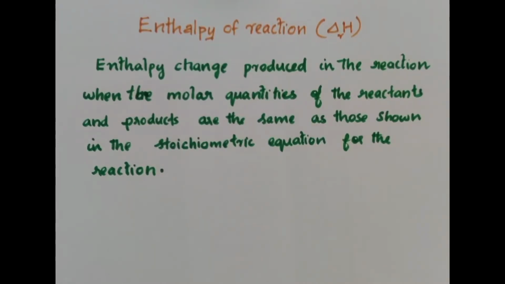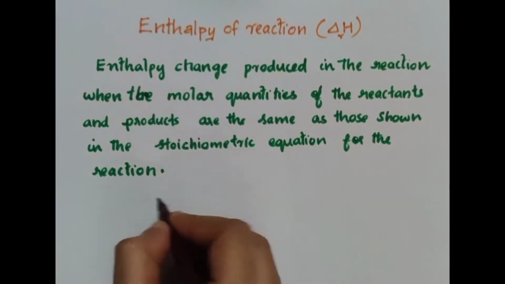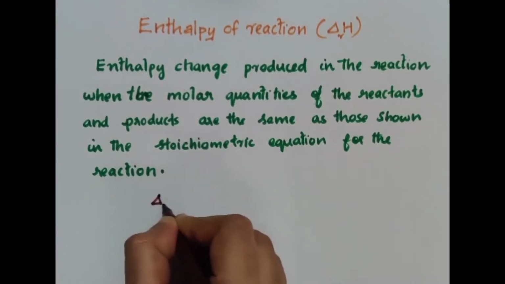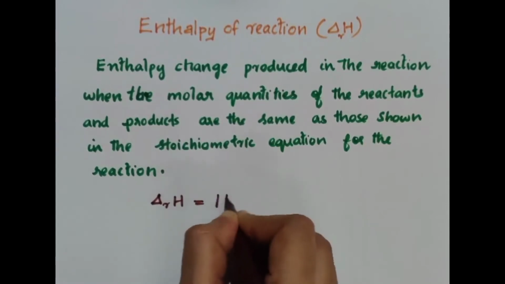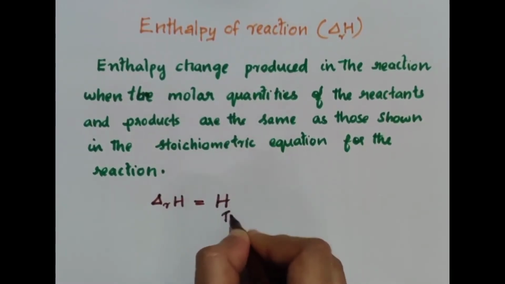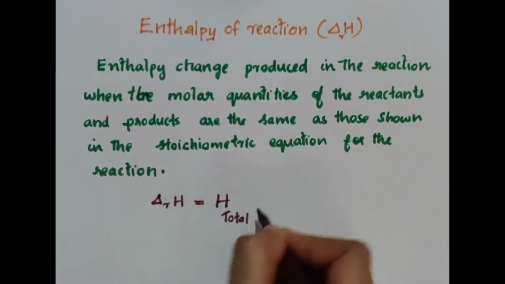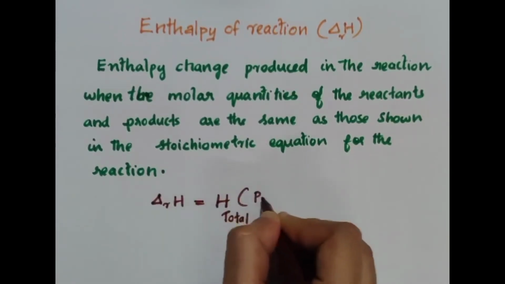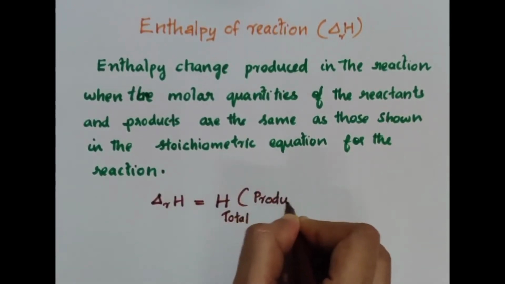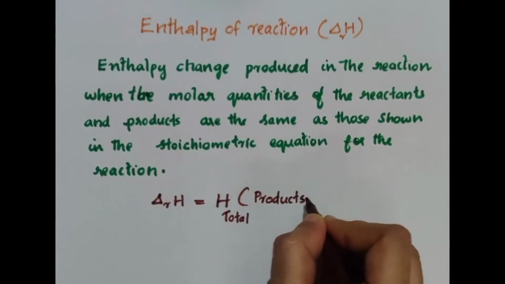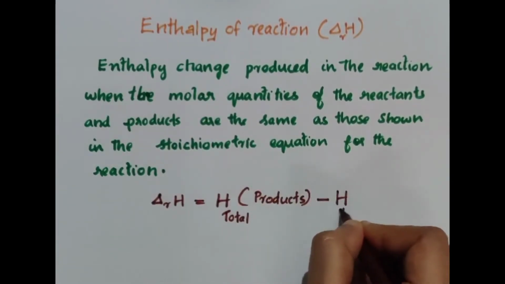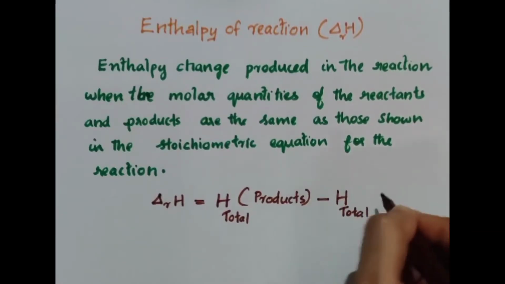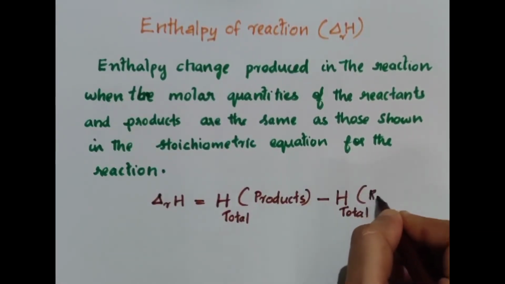Enthalpy change can be calculated by using the formula delta HR equals total enthalpy of the products minus total enthalpy of the reactants.